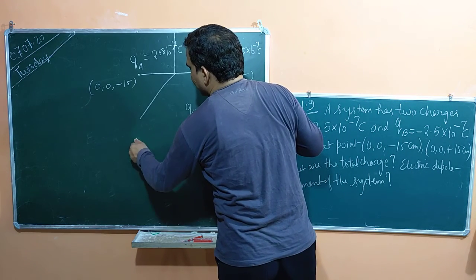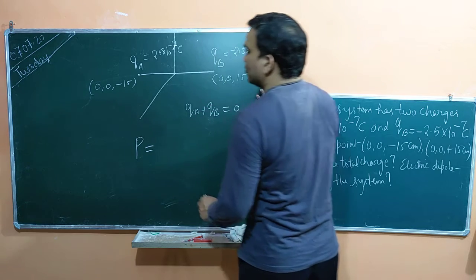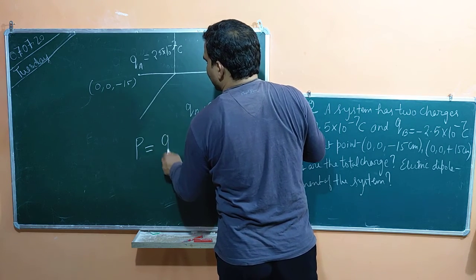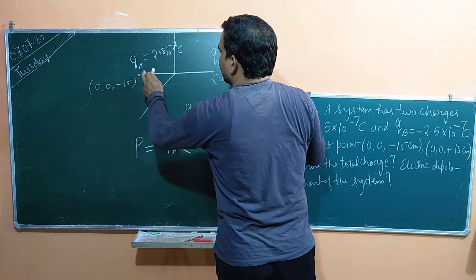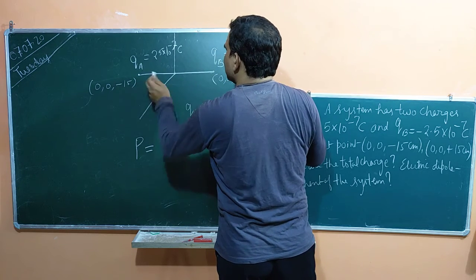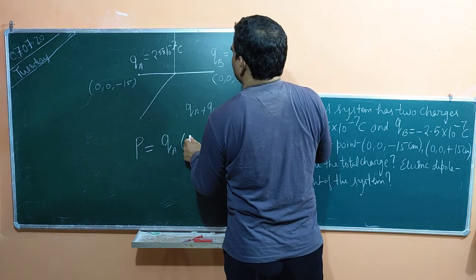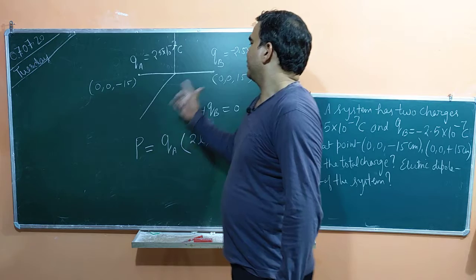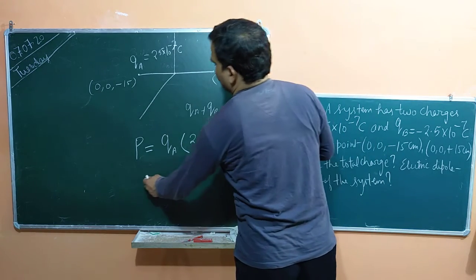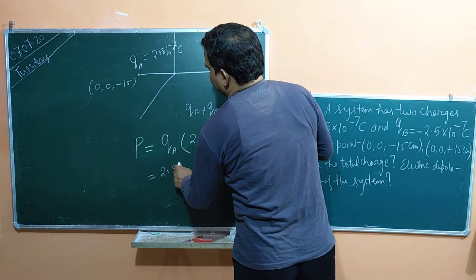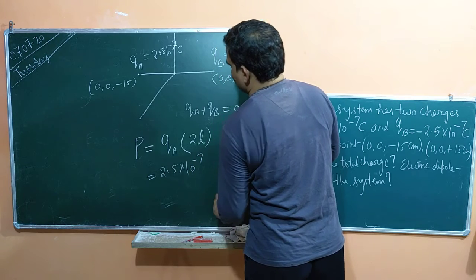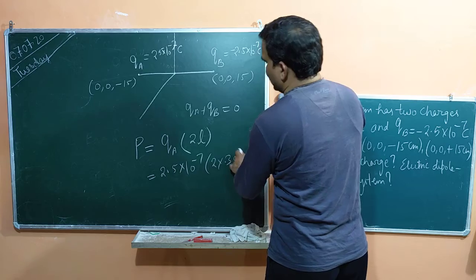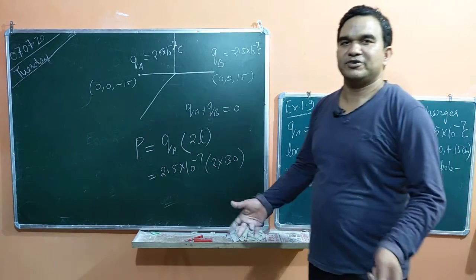Dipole moment is represented by P, and the formula of dipole moment is charge times the distance between these two charged particles, meaning 2L. If L is 15 centimeters, then 2L is 30 centimeters. So 2.5 × 10^-7 times twice of 0.3; 30 centimeter we can write 0.3 meter.